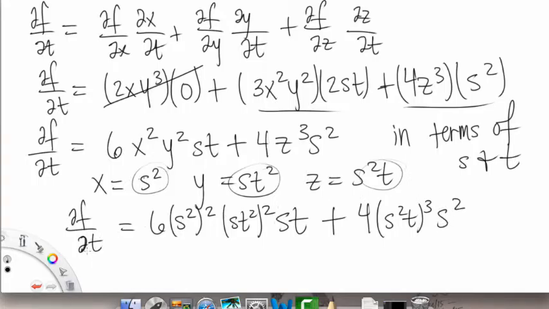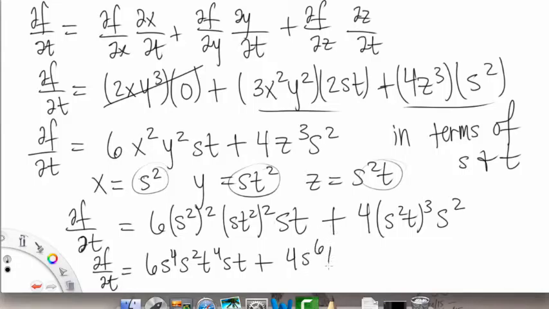So now we get that partial f, partial t is equal to 6, which still stays there, then an s to the 4th, an s to the 2nd, t to the 4th, and an st. And then plus 4s to the 6th power, t to the 3rd power, and then we have an s squared.